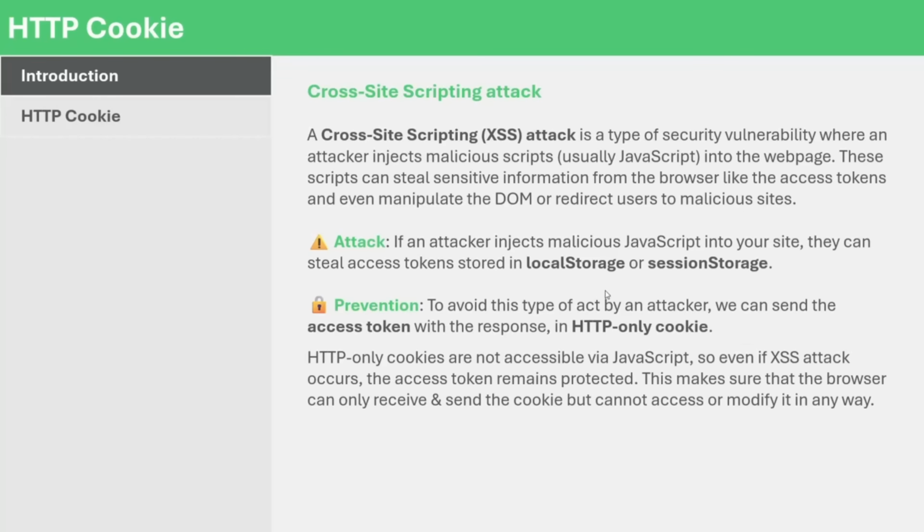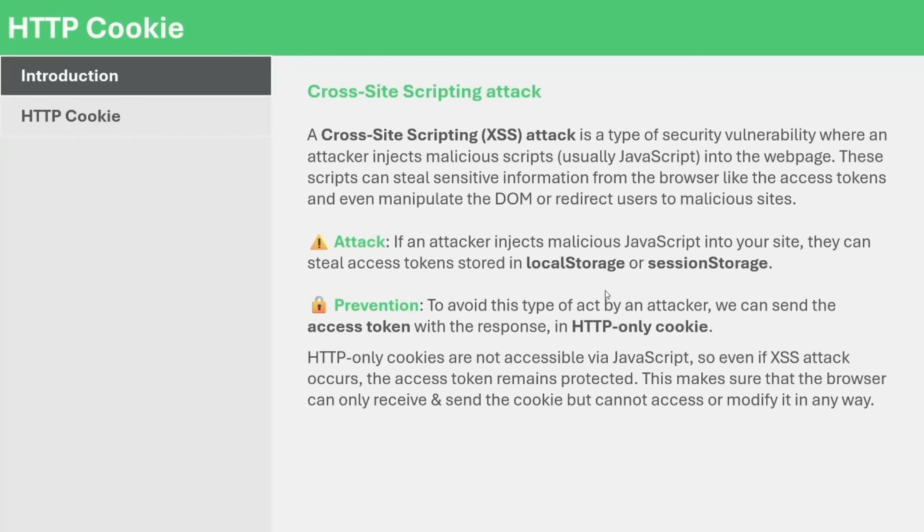So here, what I mean to say is, instead of storing the access token in the local storage of the browser, from our Express app, we can send the access token with an HTTP only cookie. And in that case, the browser will not have to store that cookie anywhere.